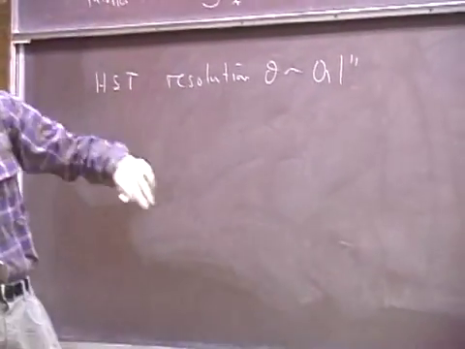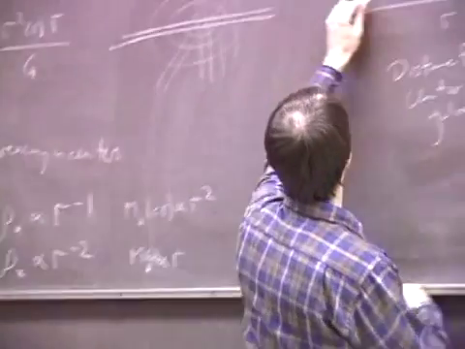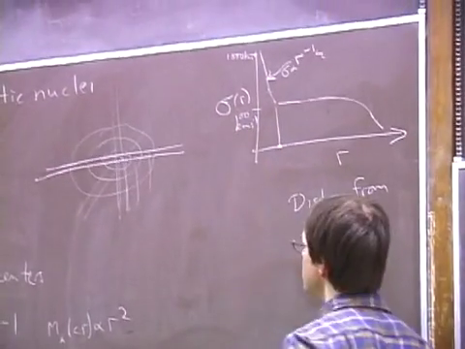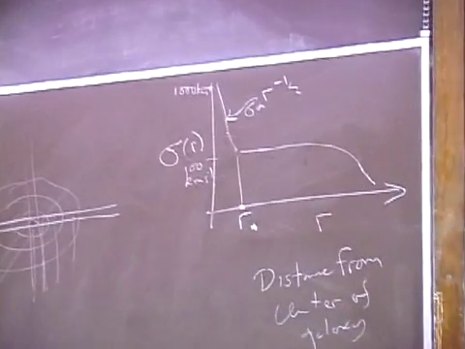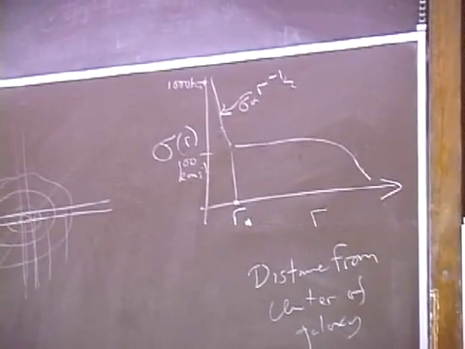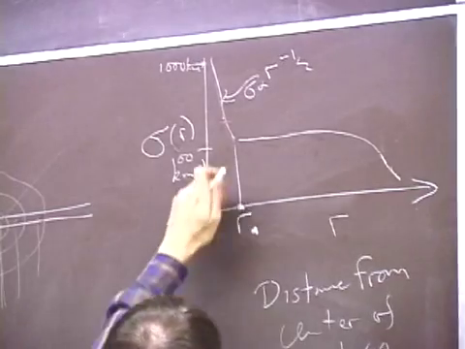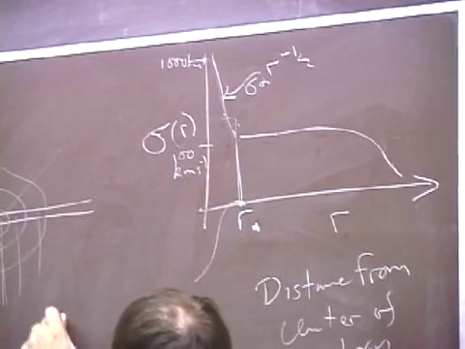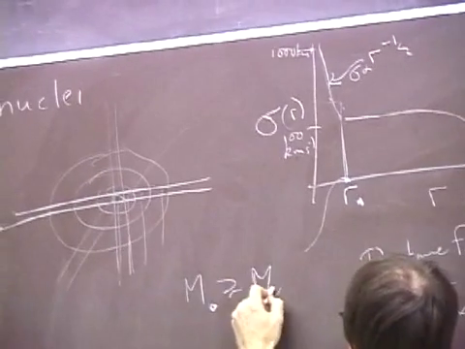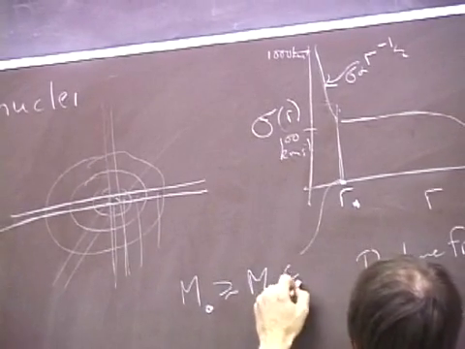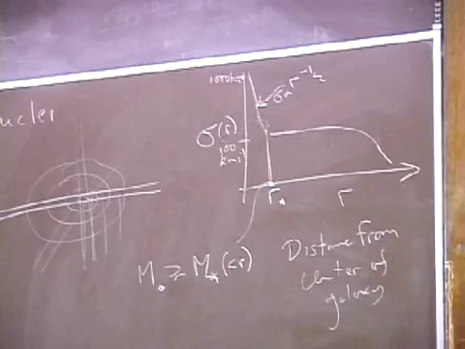So we're clearly only going to be able to see this rise if we can see into the radius, let's call it r black hole, where, and this radius is defined by the place where the mass in the black hole becomes greater than the mass in stars interior to radius r.